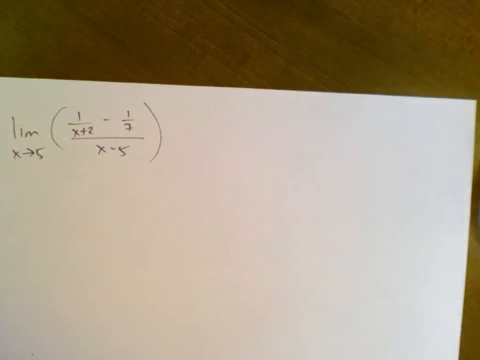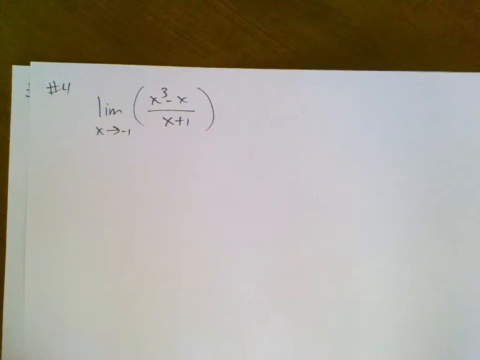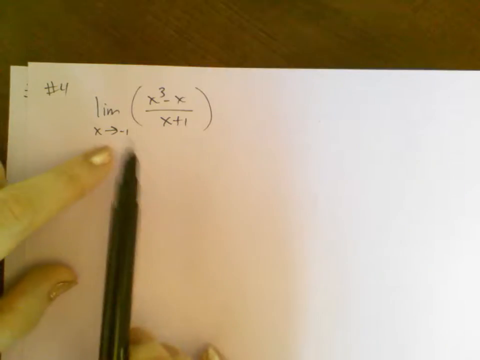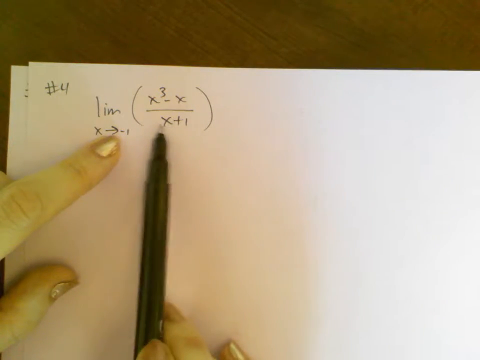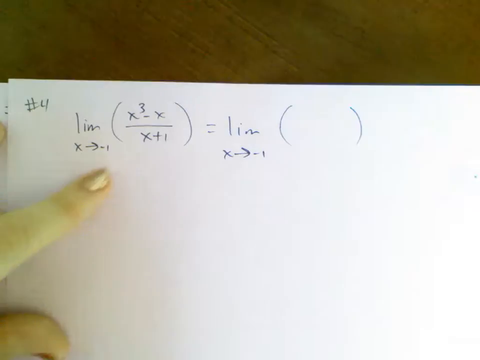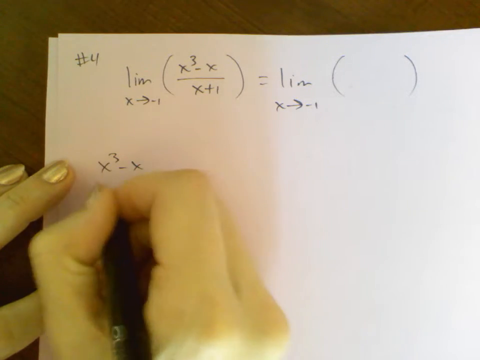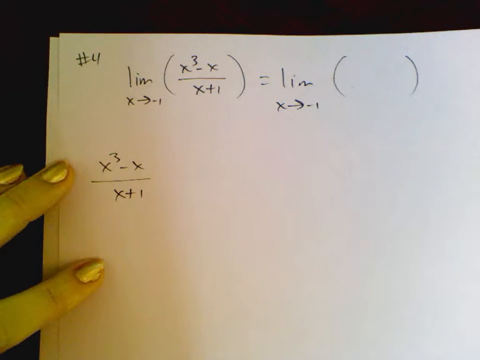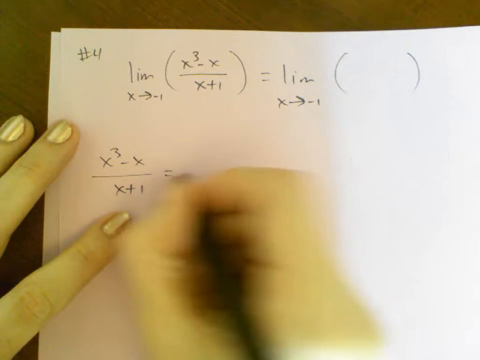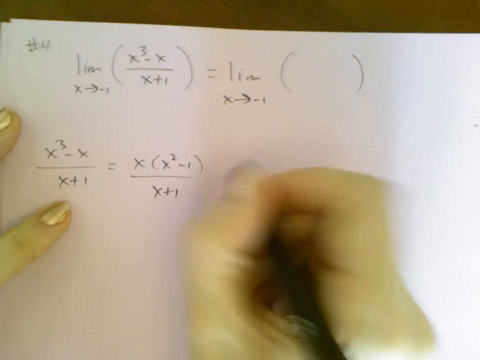The fourth one. Is the limit going to infinity? No. So you try to direct substitute. But when you plug in negative 1 for this x, you get 0 in the denominator. So this is where you go equals the limit as x approaches negative 1 and leave yourself a blank. Then off to the side, you take the input and you try to factor it. So this is x squared minus 1 over x plus 1.